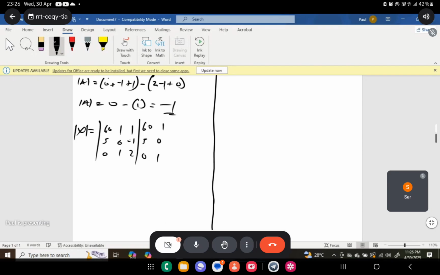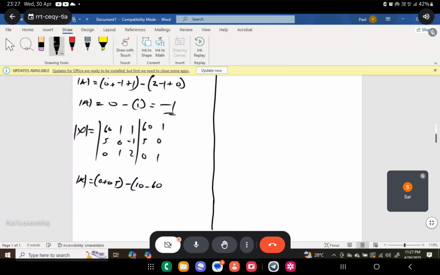So here, the first diagonal of matrix X becomes 60 times 0 times 2, which is 0. Second one is 1 times negative 1 times 0, which is also 0. And then the last one becomes 1 times 5 times 1, which is 5, minus 5 times 1 times 2, which is 10, 60 times negative 1 times 1, which is minus 60, then 1 times 0 times 0, which is 0.